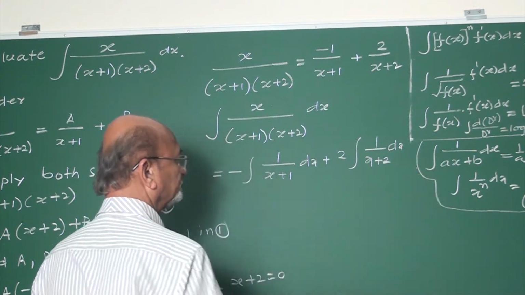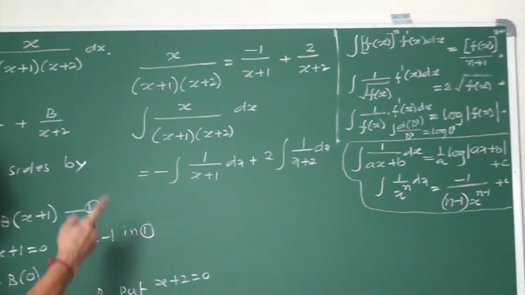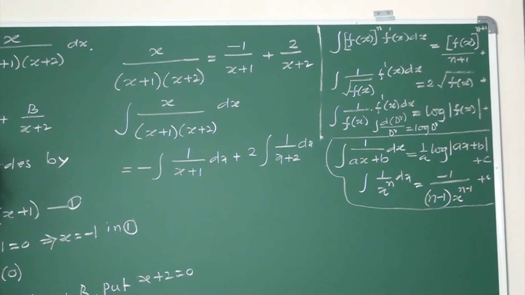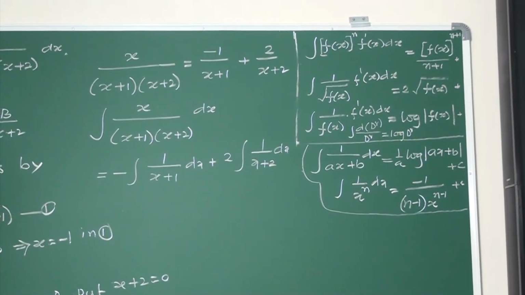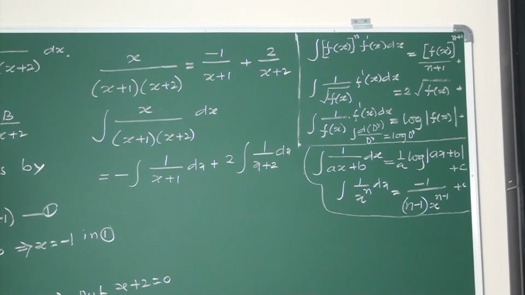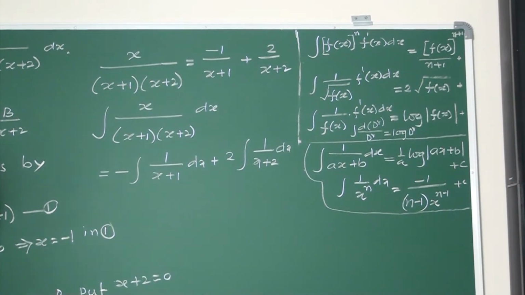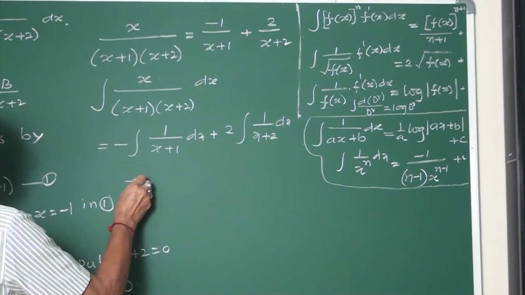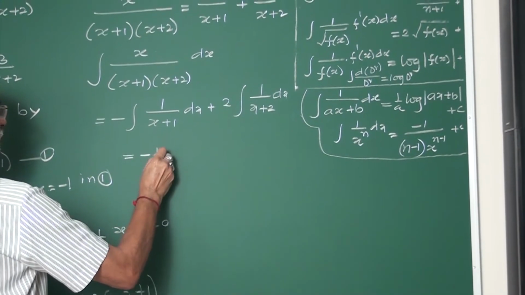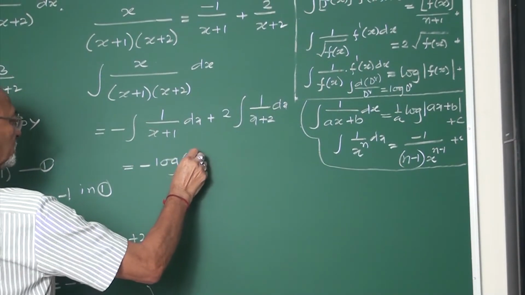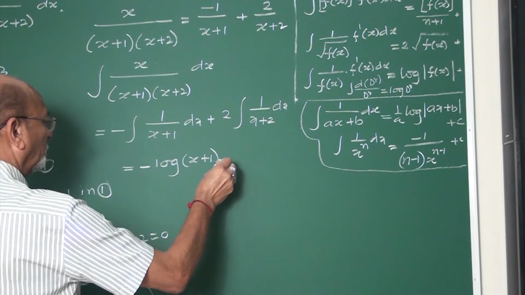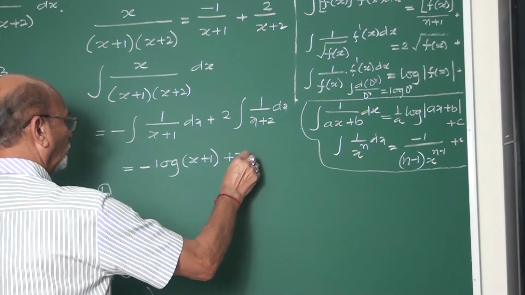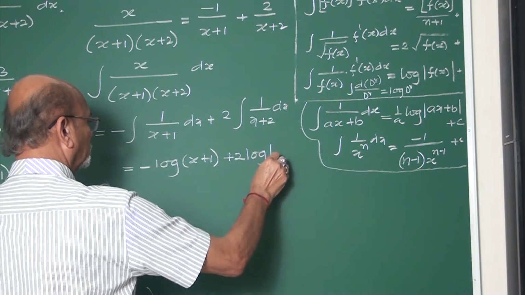Apply this formula. What is the integral of 1 upon ax plus b? Log of ax plus b, divided by the coefficient of x. In both cases, the coefficient is 1. Write it. It is minus log x plus 1 plus 2 log x plus 2.